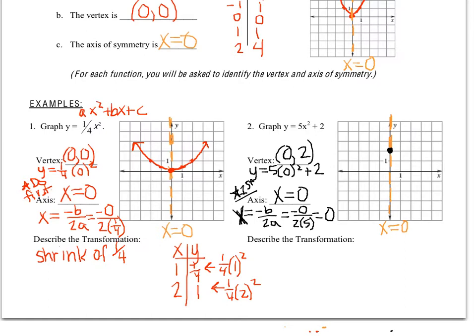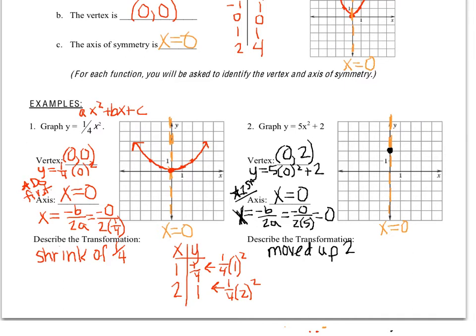There's my vertex. Okay, and already looking at this, if my parent function is here at 0, 0, this graph moved up 2. Okay, so for our describe our transformation, we can say it moved up 2.